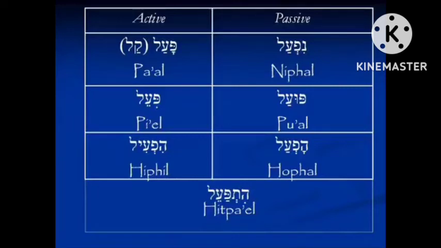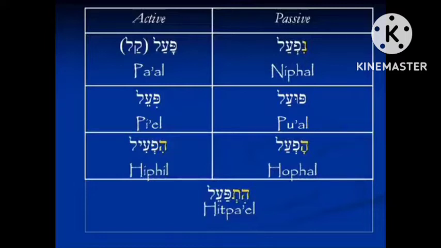Looking again at our binyan chart, there are slightly different conjugations for each one of the binyanim, but each one of the binyanim will be conjugated for those 10 people. We're going to look at some examples.